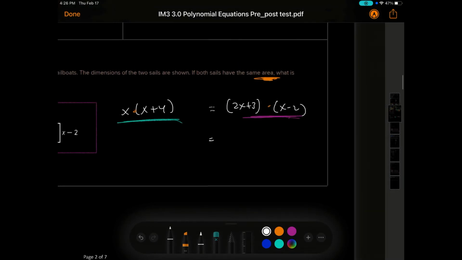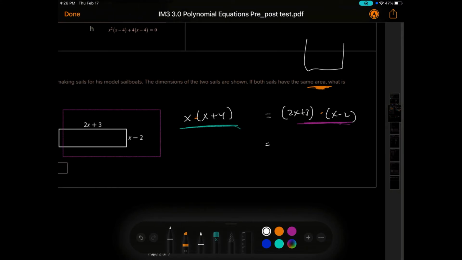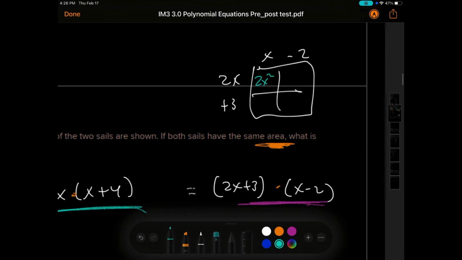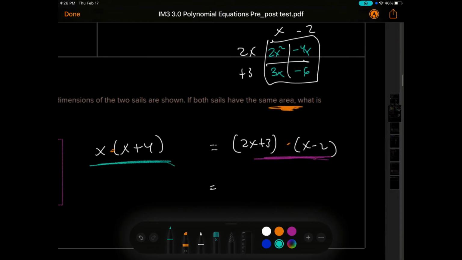I'm just going to expand this. You can use FOIL or the box method. 2x squared, negative 4x, 3x, minus 6. So that means the pink side is 2x squared minus x minus 6.